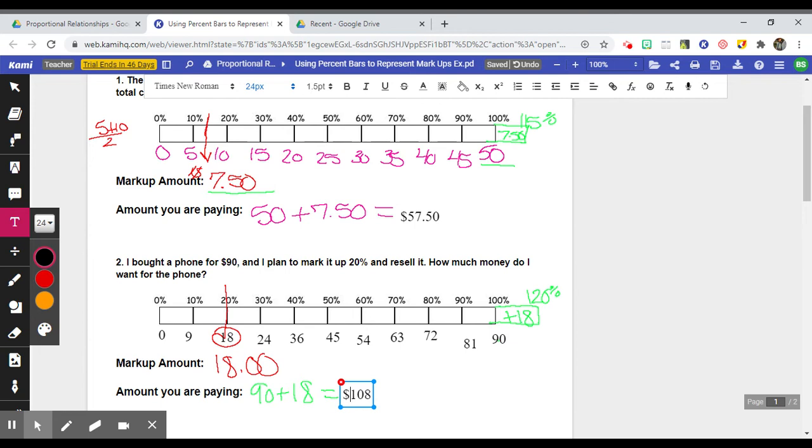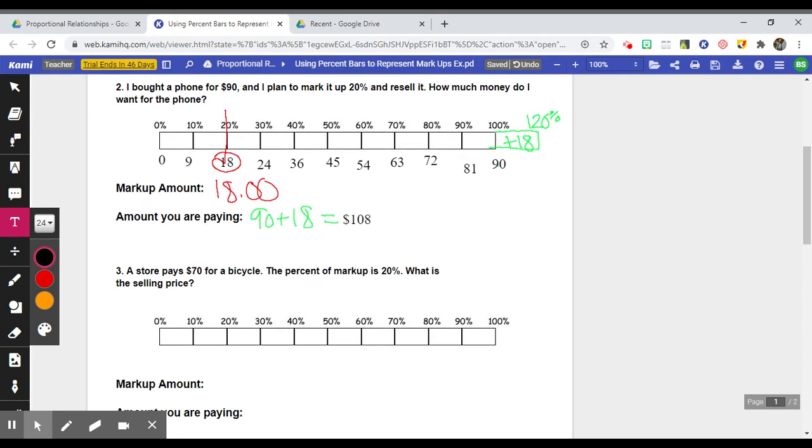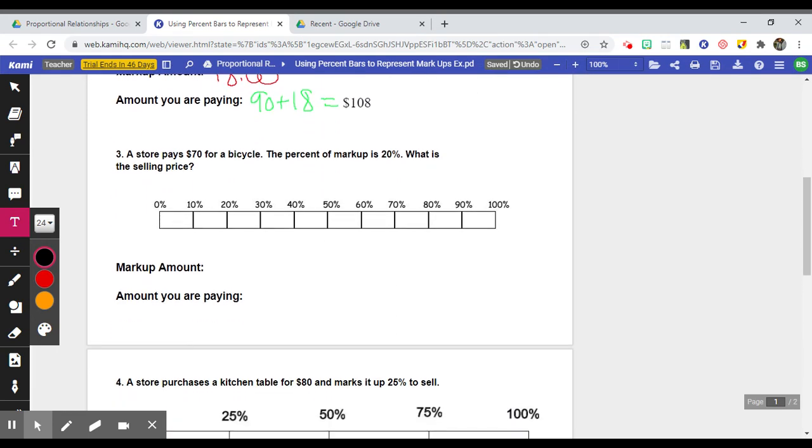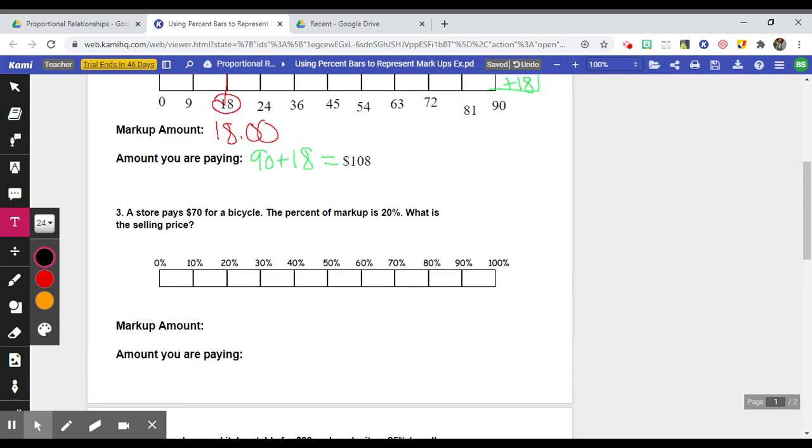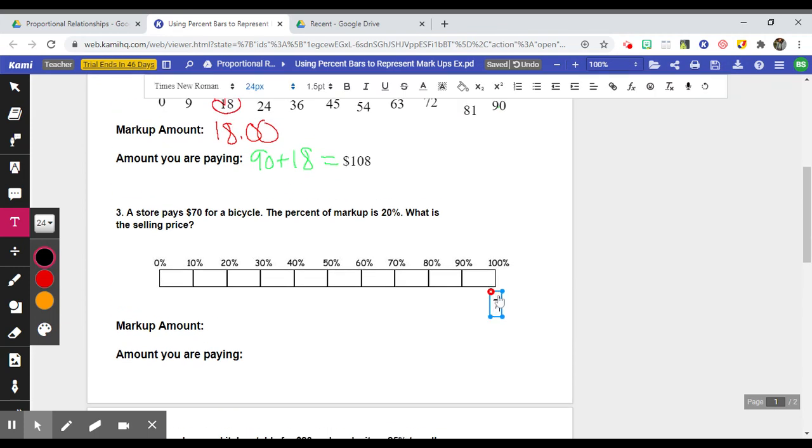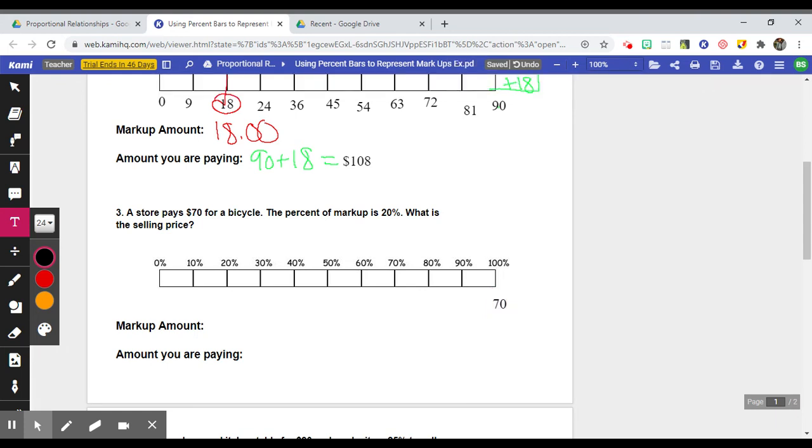Okay, let's take a look at number 3. Number 3, a store pays $70 for a bicycle. So 70 is going to be my 100%. And again, it's split into 10. So 70 divided by 10 is 7.